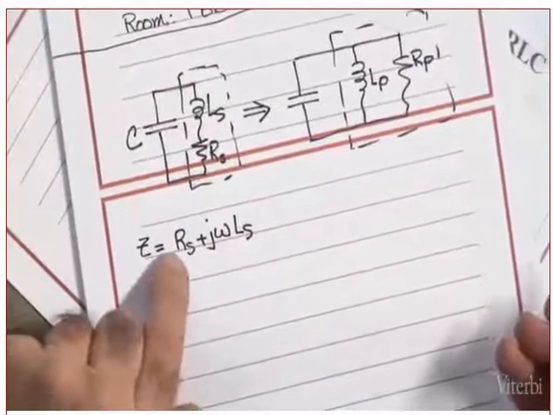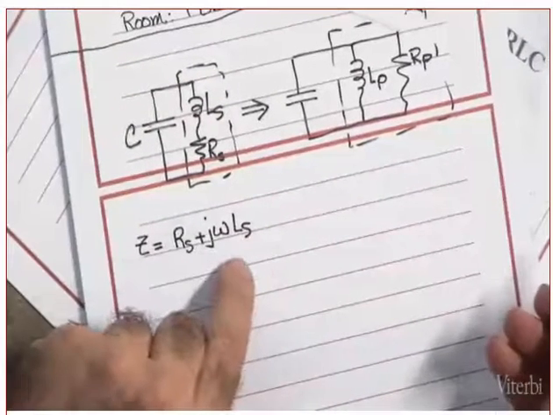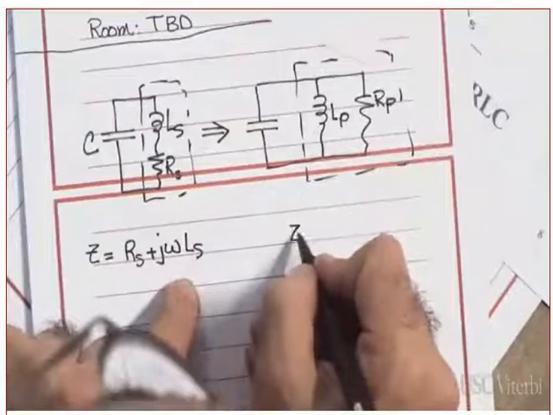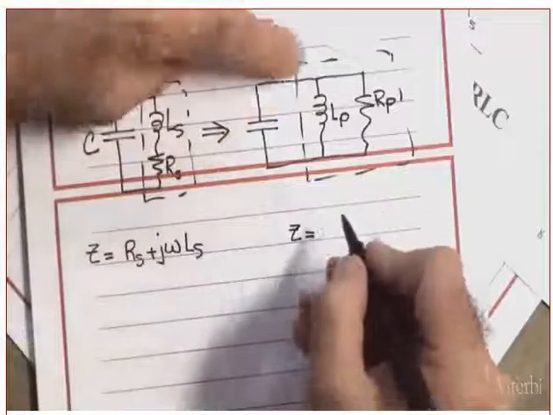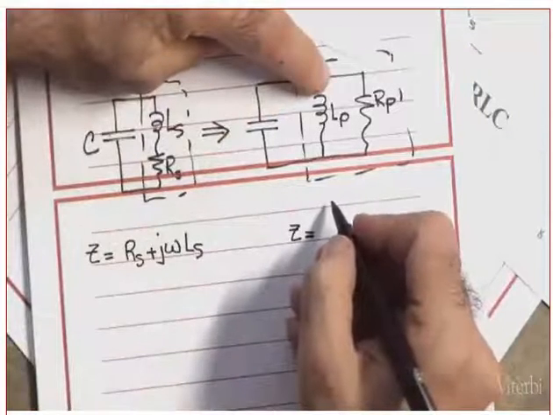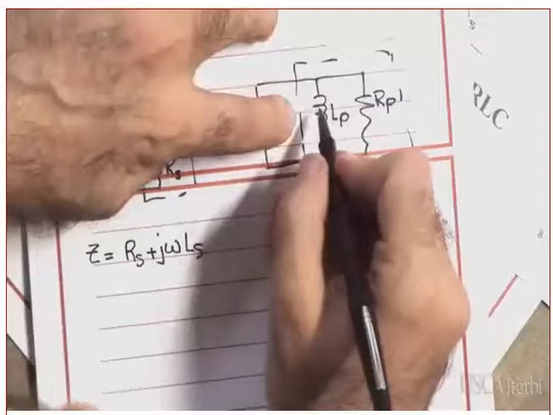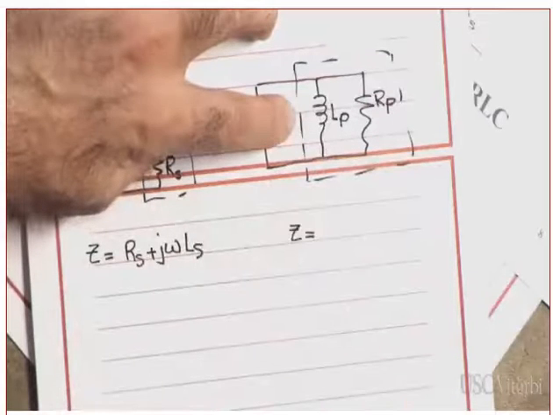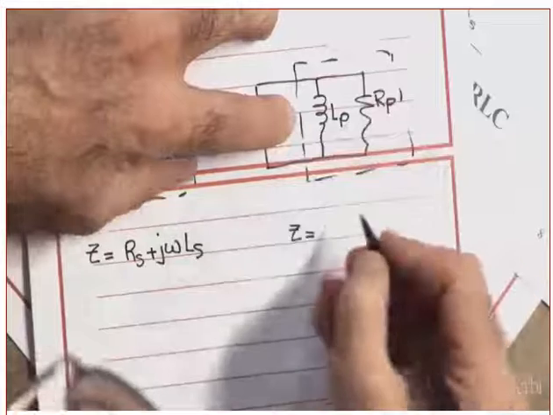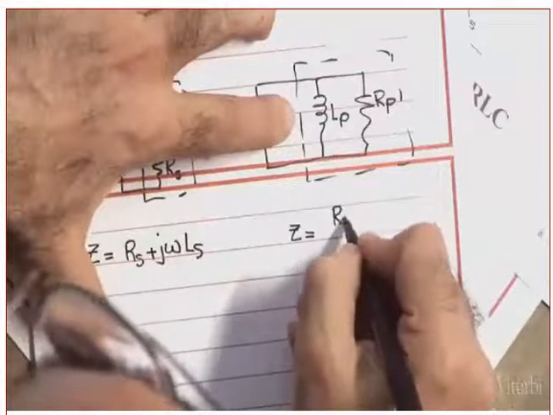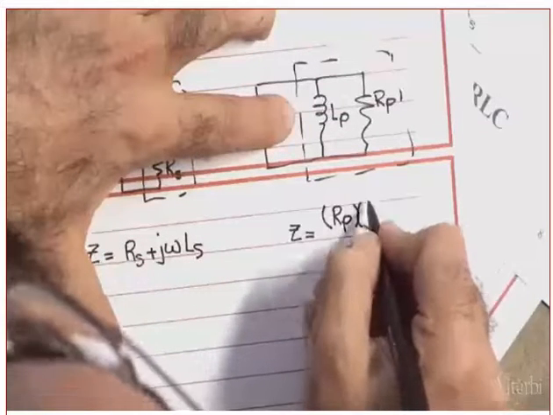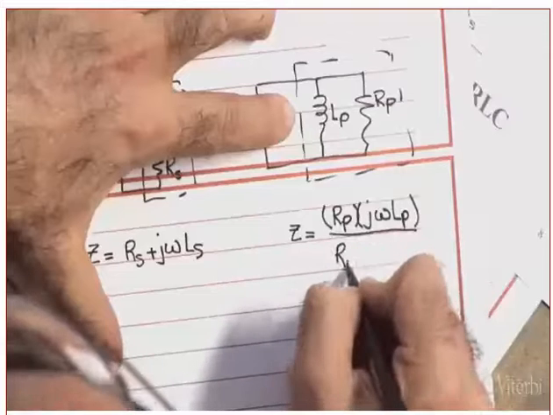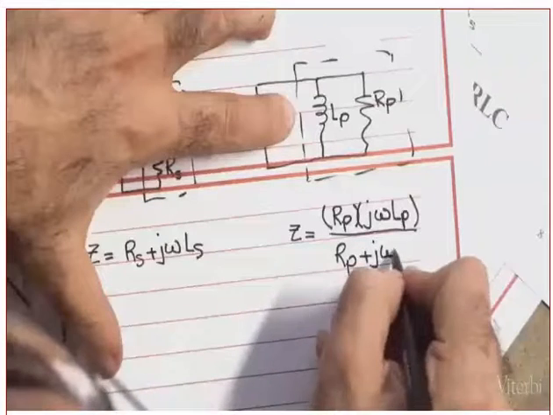It has a real part and an imaginary part. Then what do you do in here? You also find Z. This is in parallel. If they are in parallel, what is the impedance? R1 R2 divided by R1 plus R2. So it is RP times j omega LP divided by RP plus j omega LP.